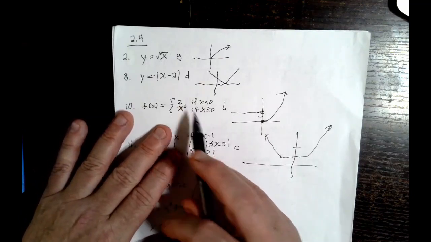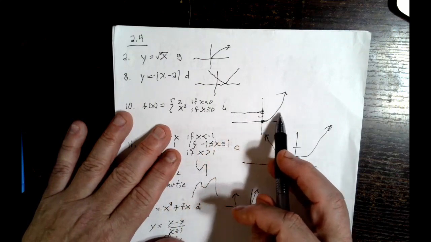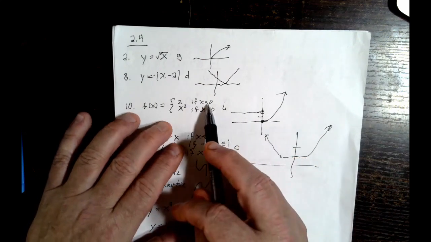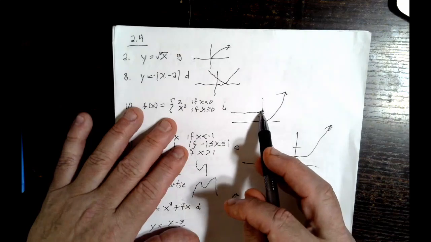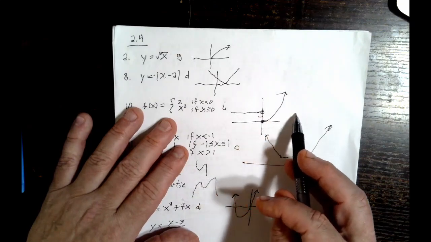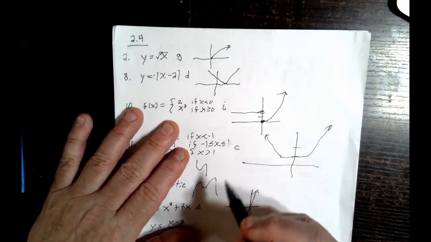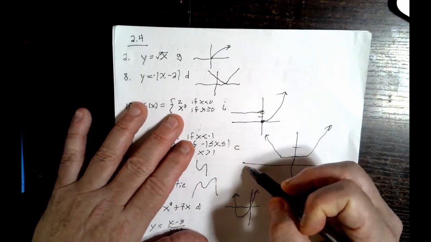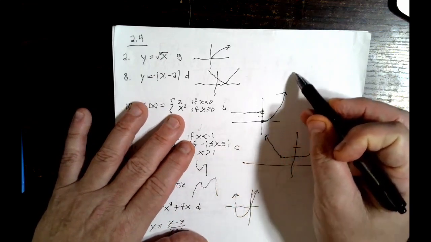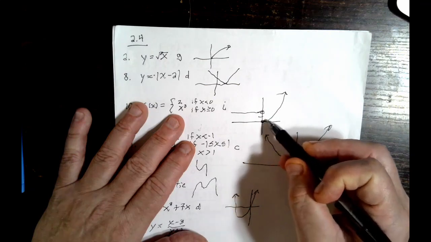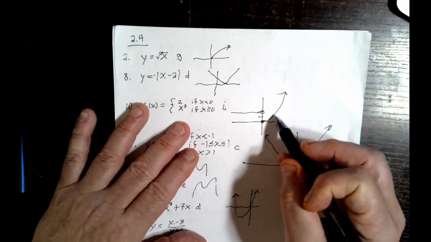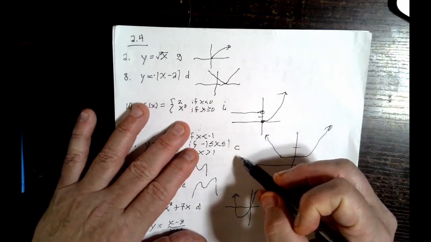You start with y equals 2, which goes all the way across, but you only want less than 0. So you don't include 0 and you don't include everything to the right. You'd erase all that. Then x cubed comes up like this and changes direction, but we only want it for 0 or larger, so we're going to erase the other part down here.